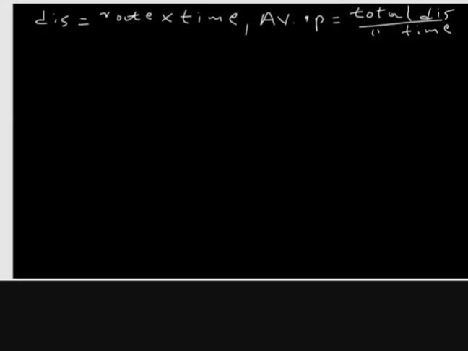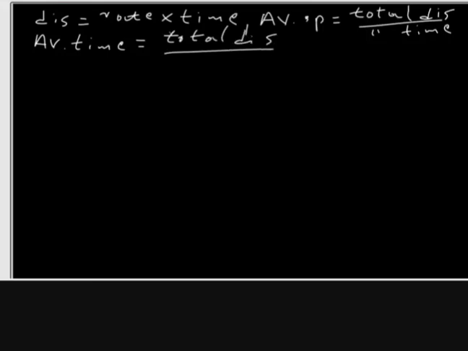Then the average time is equal to the total distance all over the average speed. The average time is equal to the total distance over the average speed.